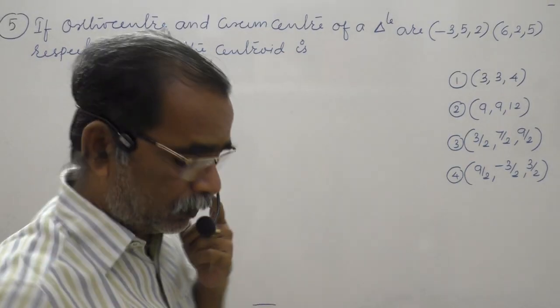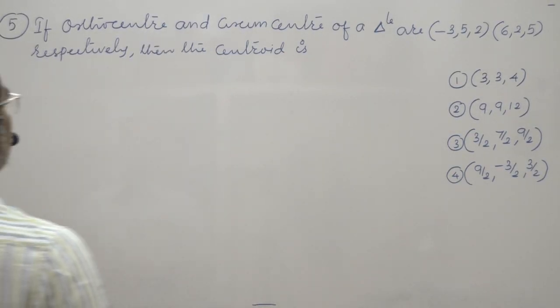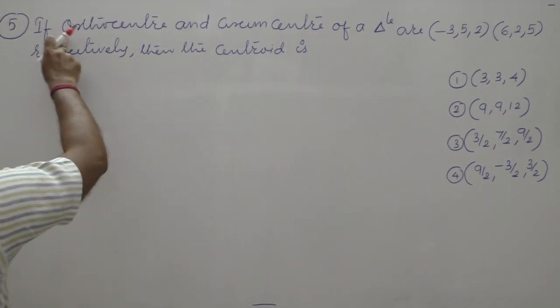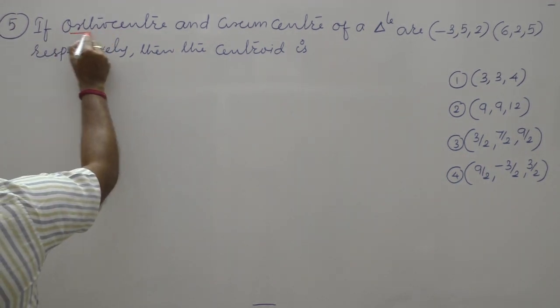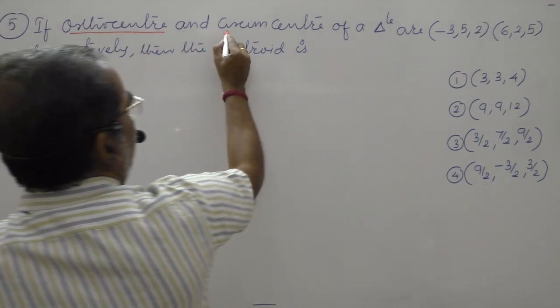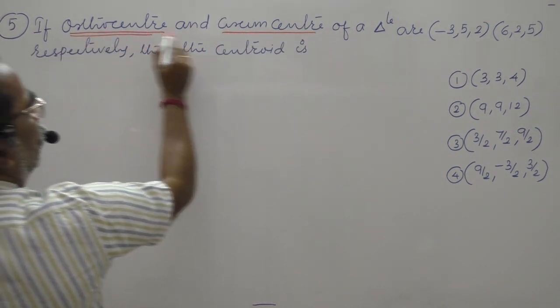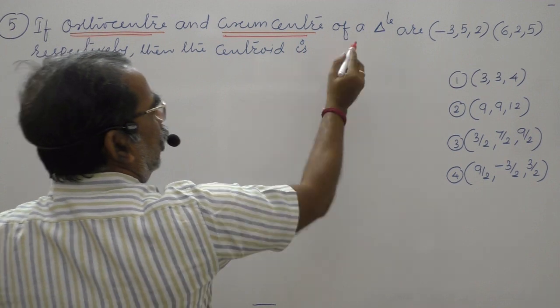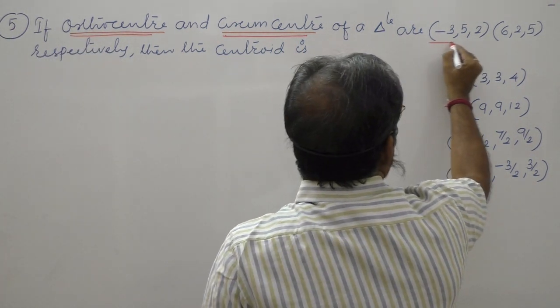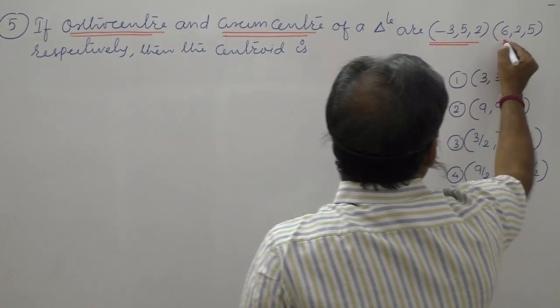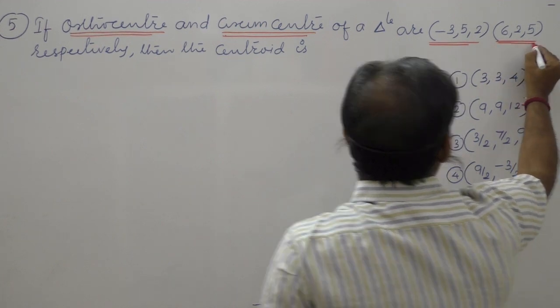Next question please. Question number 5. See now, if the orthocenter and circumcenter of a triangle are given. This is the orthocenter, this is the circumcenter.